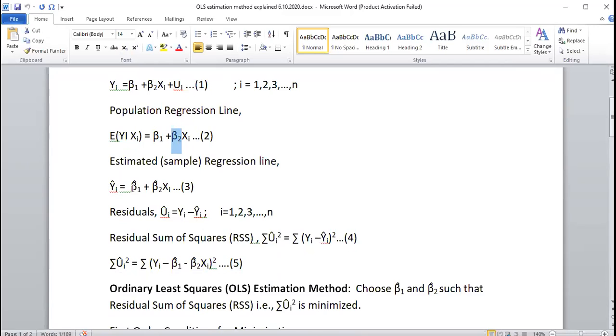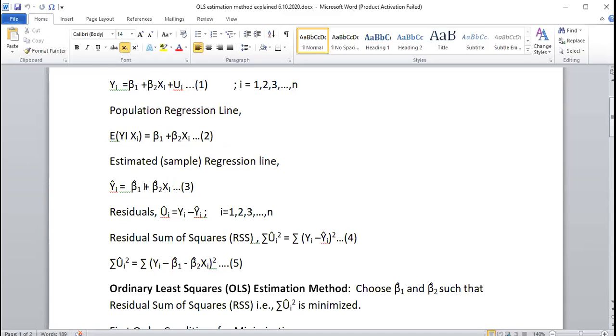Estimated y you get from your estimated line, which we call y hat equals beta 1 hat plus beta 2 hat xi. So these beta 1 hat and beta 2 hat are the intercept and slope respectively of your estimated line. This is the population line, the actual line, but we did not see that. We are trying to find this estimated line.